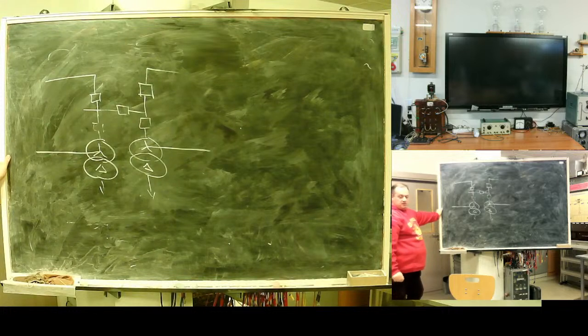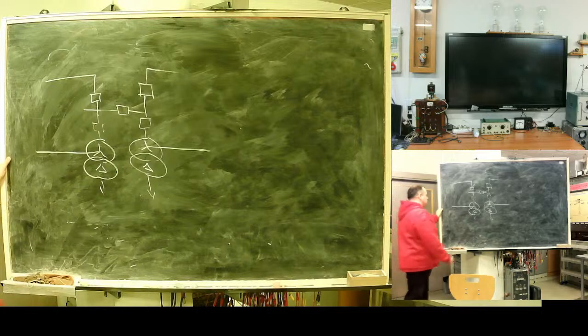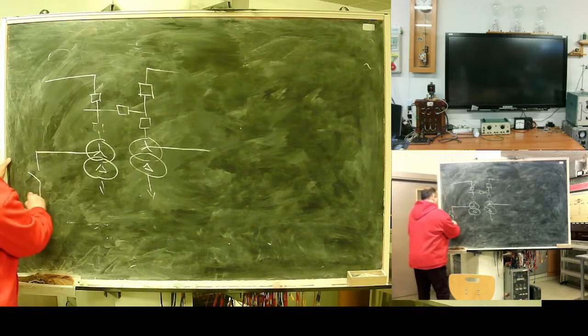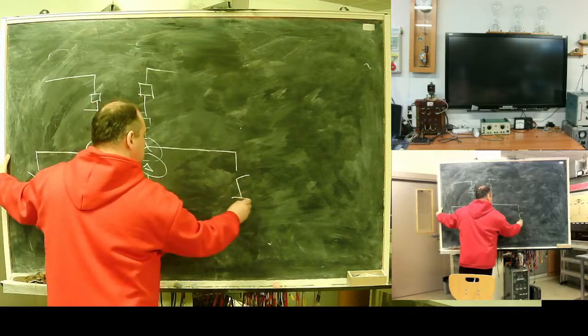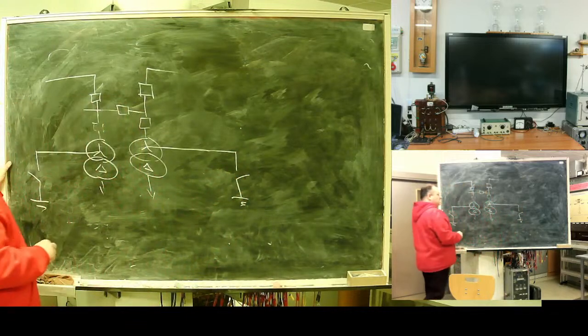To prevent false operation of your zero sequence, you need to maintain constant resistance of the neutral.